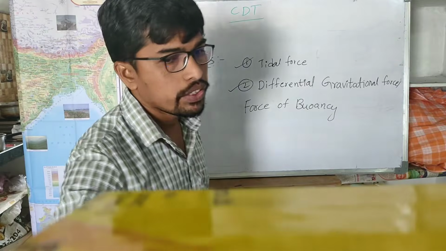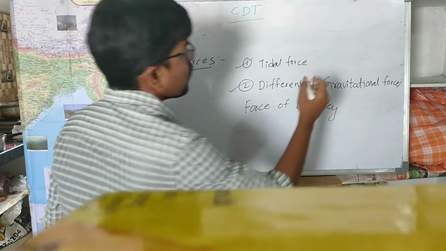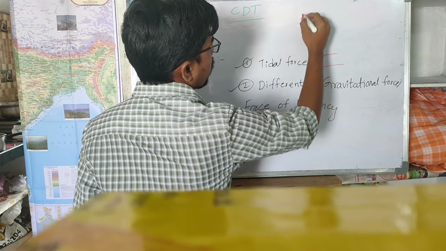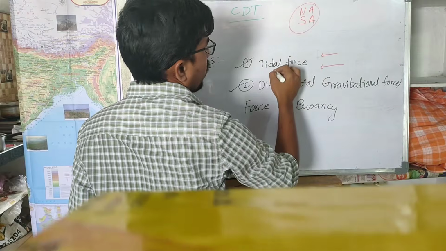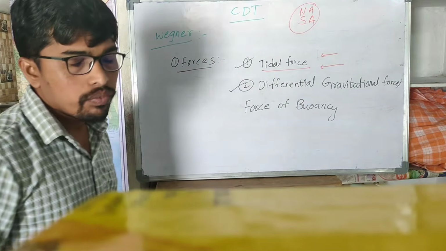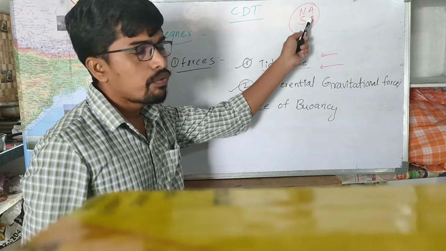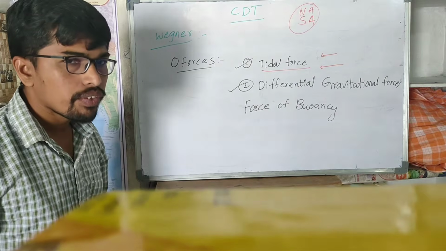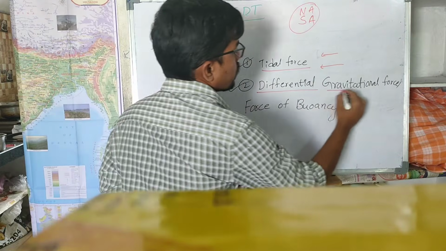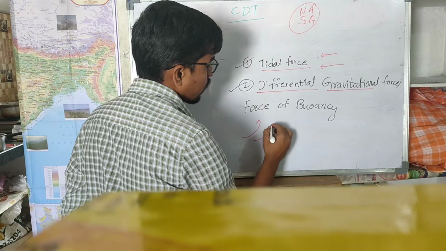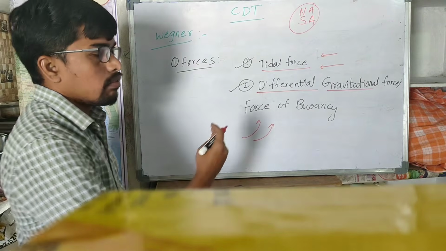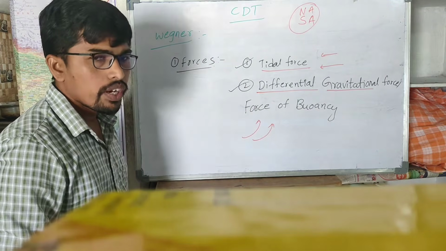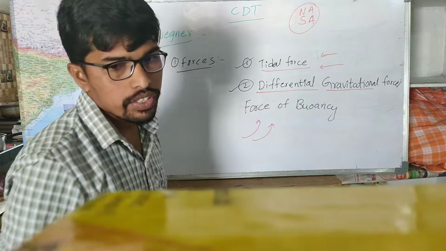The tidal force was the reason for the westward drifting of North America and South America, and the differential gravitational force caused the equatorial movement of the subcontinents. Let's go through it, then only we will understand what the tidal force and the gravitational force are.